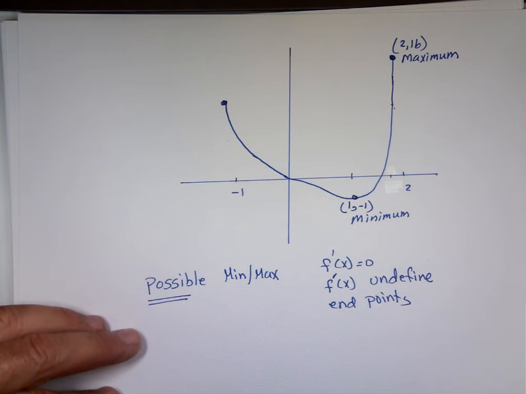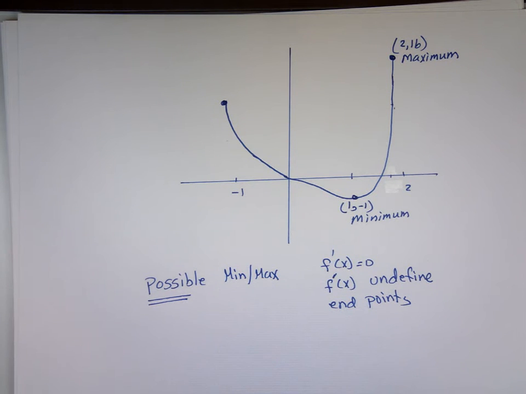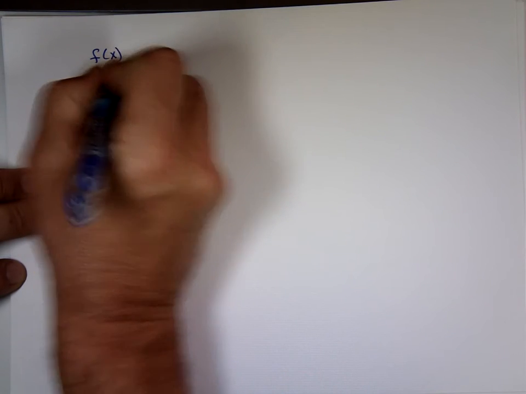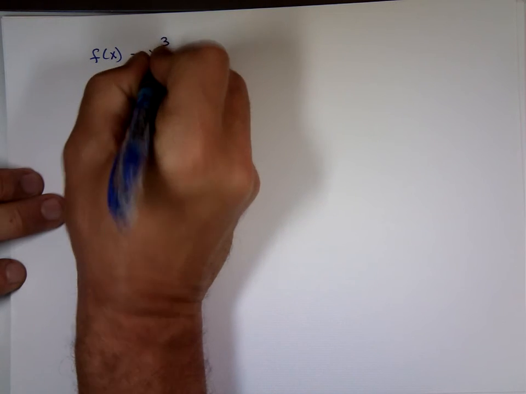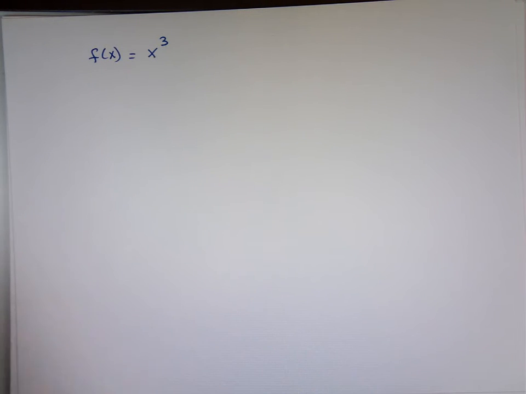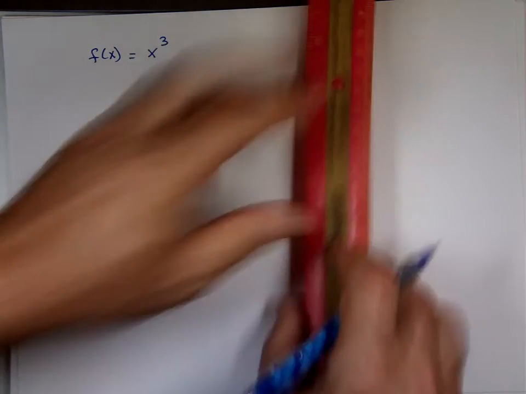There might not be any of them. You might have a function always increasing, for example, y equals x to the third, x cubed. If you look at y equals x cubed, it has no min or max. Now, if I give you an interval to look at, yes, they will be. But y equals x cubed looks like this.